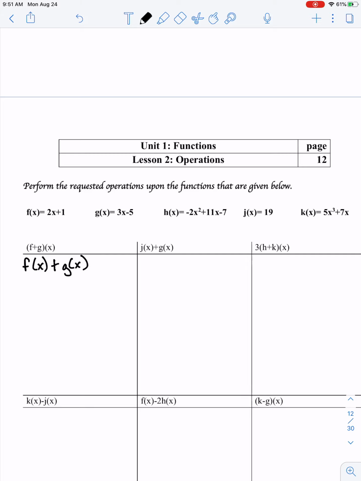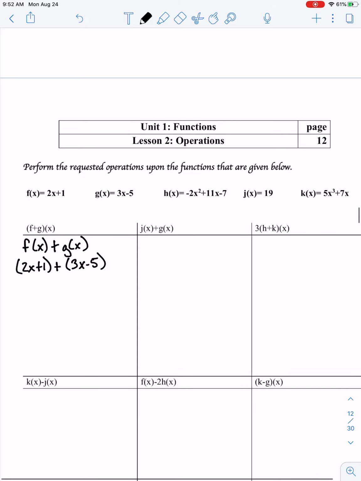Step 1, I said plug in your function. So what is f of x? It's 2x plus 1. I want y'all to get into a habit now of when you plug something in, put in a set of parentheses. So then g of x is 3x minus 5. And this just helps you realize, okay, I plugged something in, I substituted in something for this spot.